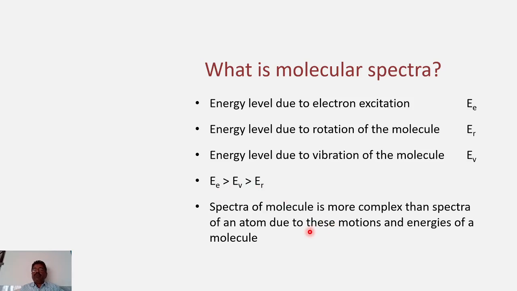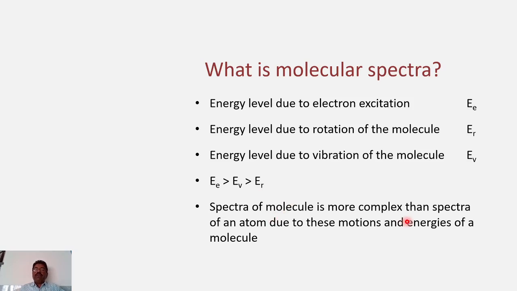So the spectra of a molecule is more complex. Why is it complex? You can see here, there are three types of energy levels, and in each type there are several energy states. So simultaneously there can be a change in either one or two or three. Any number of states can undergo a change simultaneously, and that results in different sets of lines.